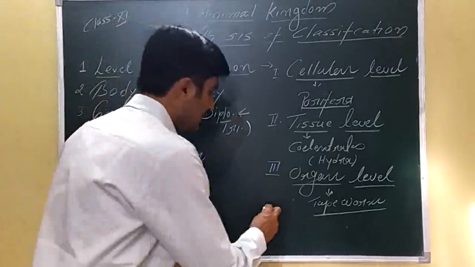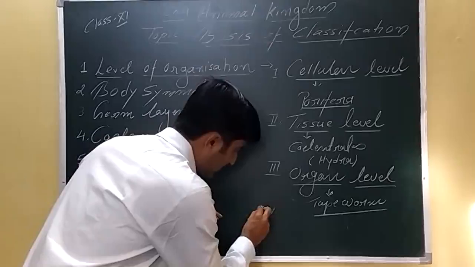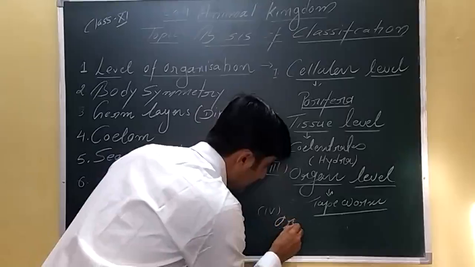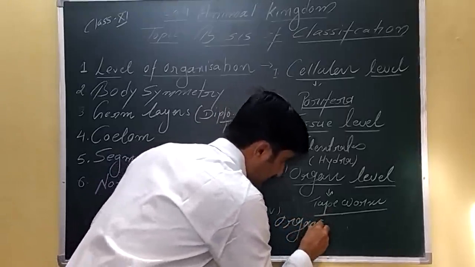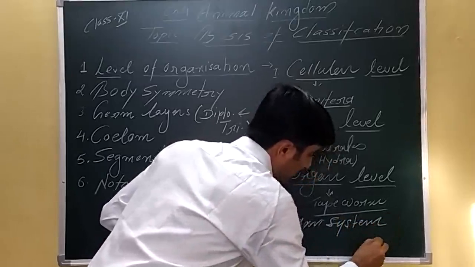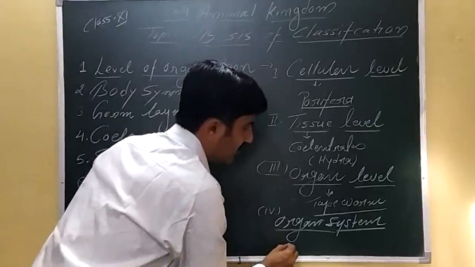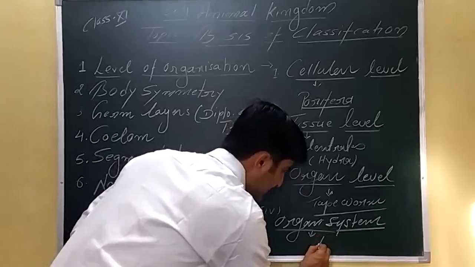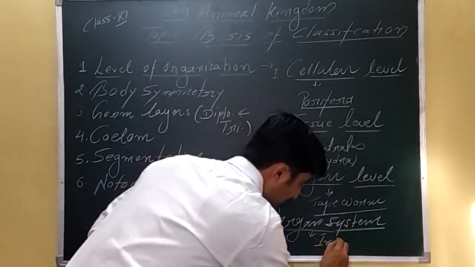Then we use the word, the highest level of organization of the body seen is organ system level of organization. Organ systems are found in the higher animals, like insects, arthropods, and so on.